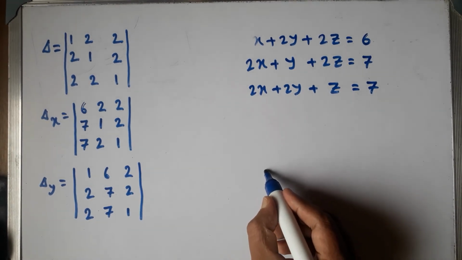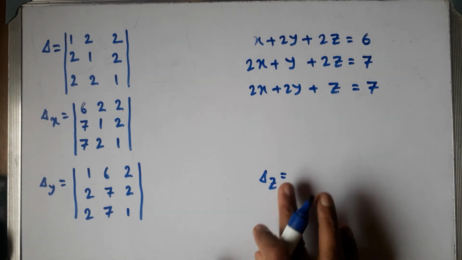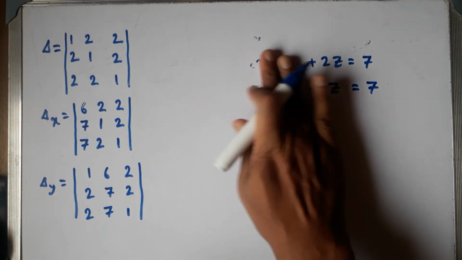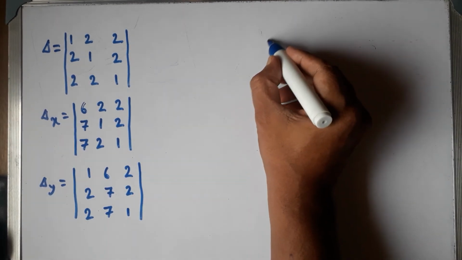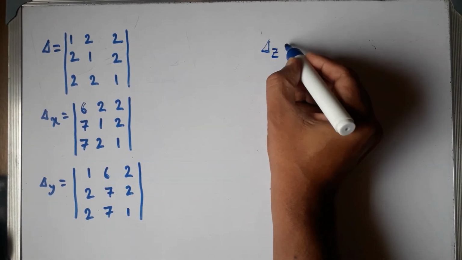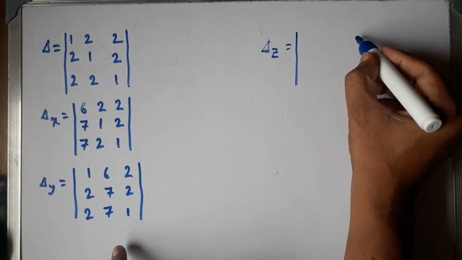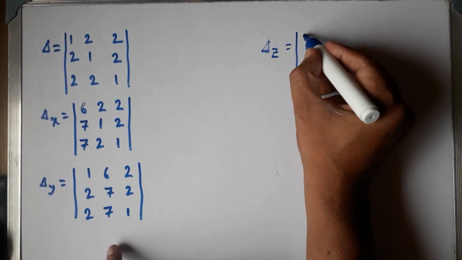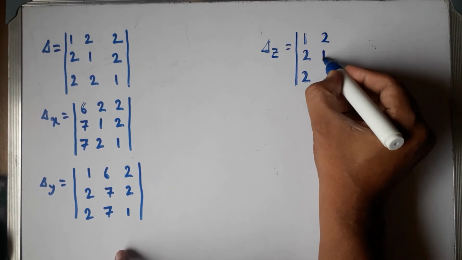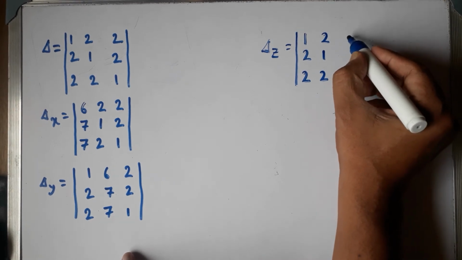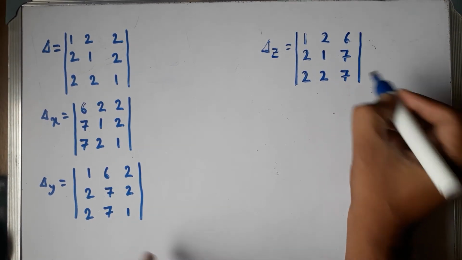And delta z is where the third column is replaced by 6 7 7. So the first is 1 2 2, then 2 1 2, then 6 7 7. This is delta z.